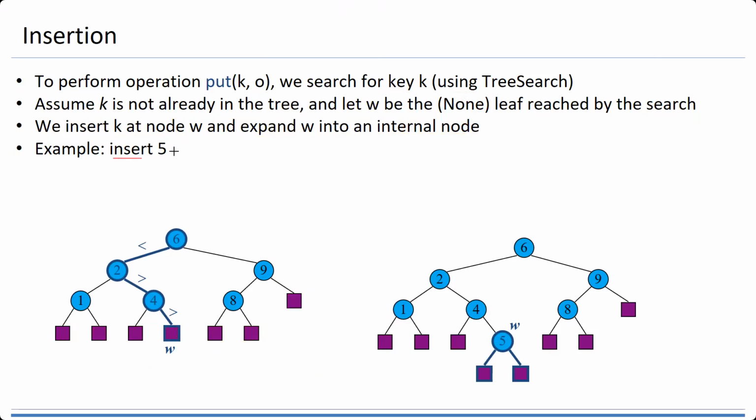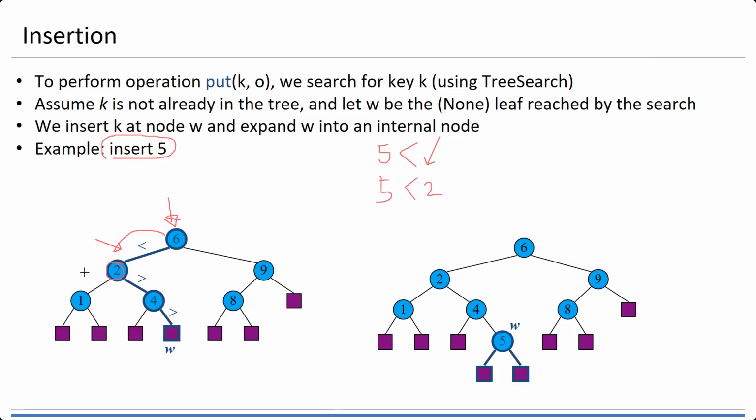For example, I want to insert 5. Then I need to check 5 from the root. Is 5 less than 6? Yes, then it goes to the left. And then we compare with 2. Is 5 less than 2?